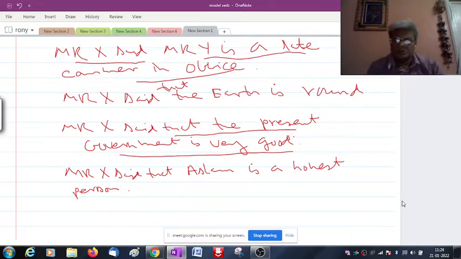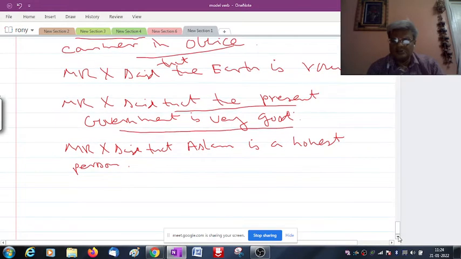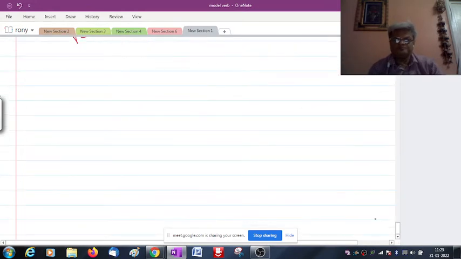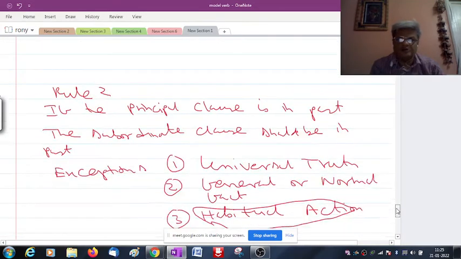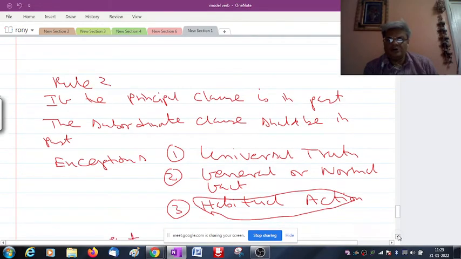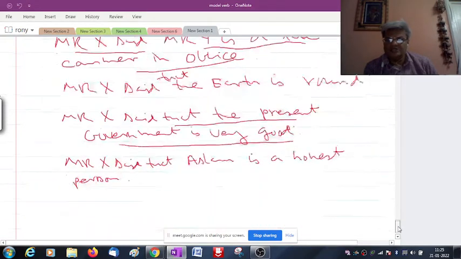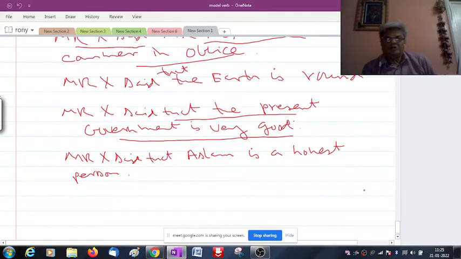Now some of you were asking regarding the continuous. So far I have covered this thing. Have you understood this rule too? First let me revise. If the principal clause is in past, the subordinate clause should be in past. Whether you use "said" or "said that" does not matter. But if there is some exception, you need to use the present.